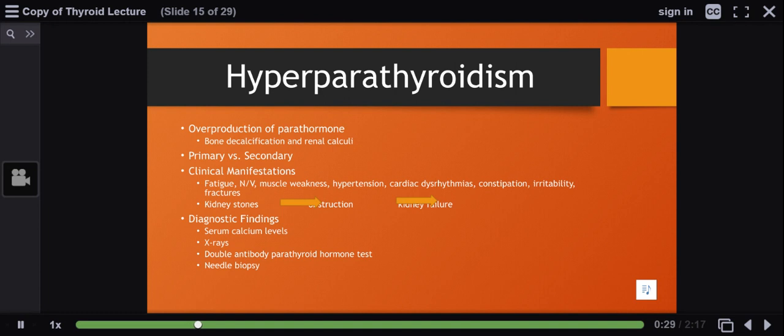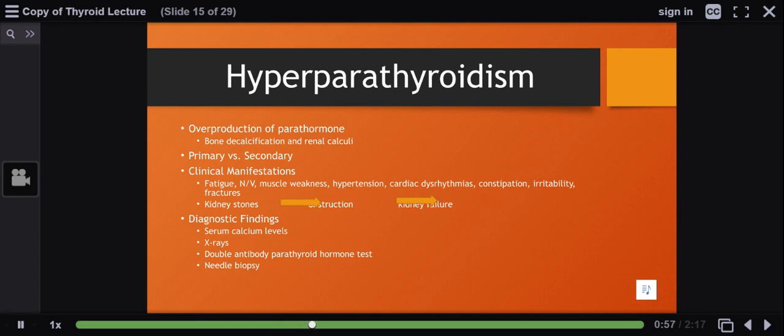Secondary hyperparathyroidism is due to kidney failure. What happens is with an individual with chronic kidney disease, they have high levels of phosphorus, which causes a secretion of the parathyroid hormone to help lower the phosphorus levels within the bloodstream. So the body is trying to compensate.